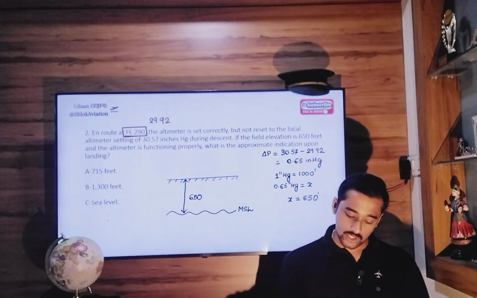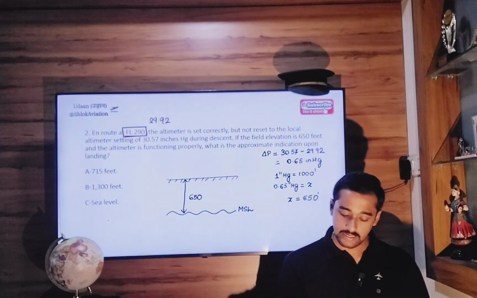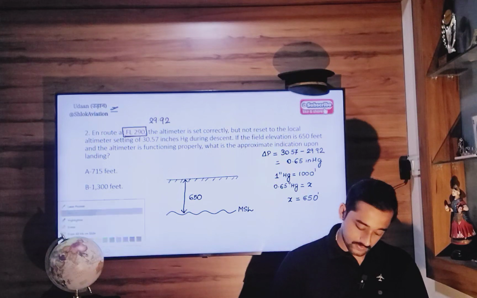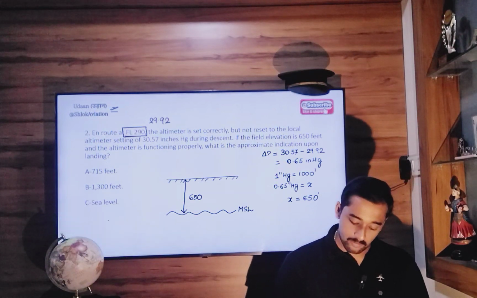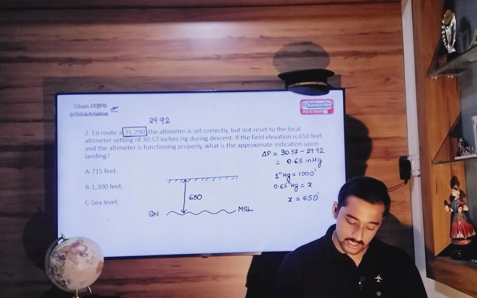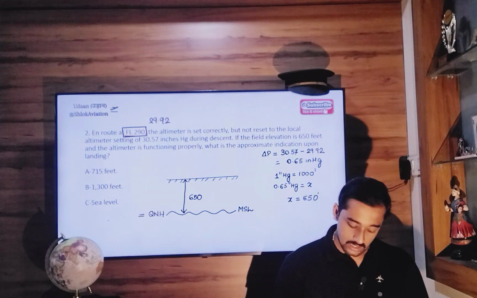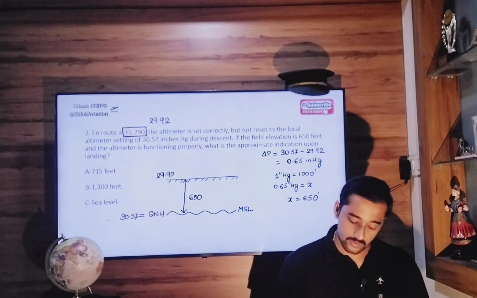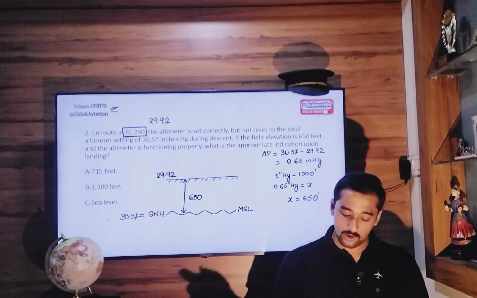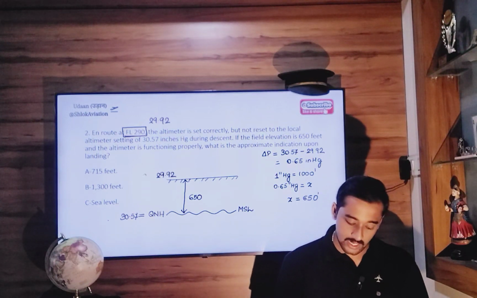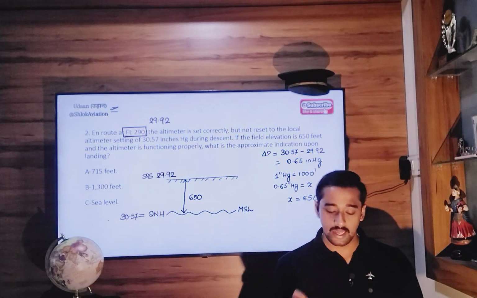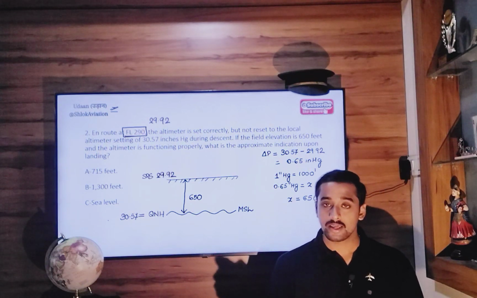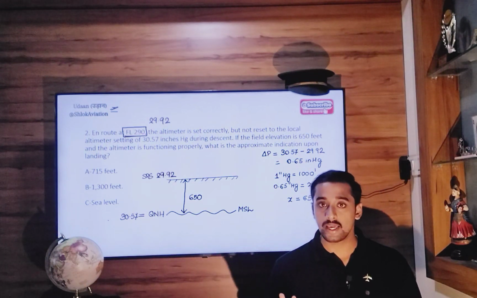So that means your pressure at mean sea level is 30.57. Pressure at aerodrome is 29.92, which is standard pressure setting only. So luckily at this airport, QFE and standard pressure setting are equal.